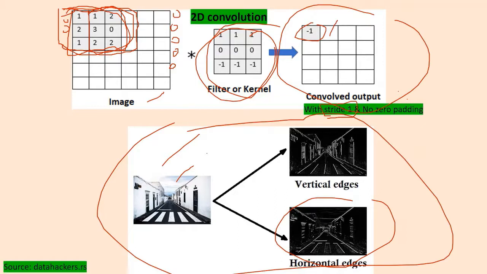And similarly, if I rotate it by 90 degrees, that means the first column is all ones, the last column all -1 and the middle column zeros, then I get vertical edges. That means by having different sets of filter values or weights, I can extract different features from an image.